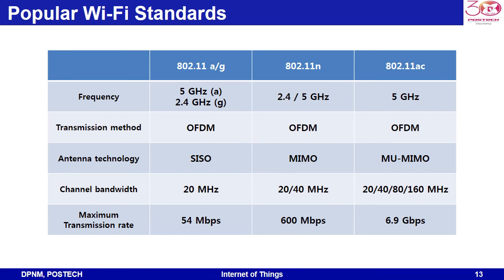802.11 is a set of Wi-Fi standards. Because there are many standards, people have added an alphabet letter after 11 to distinguish them. When the standard first came out in 1997, it did not have a letter suffix after the standard number.